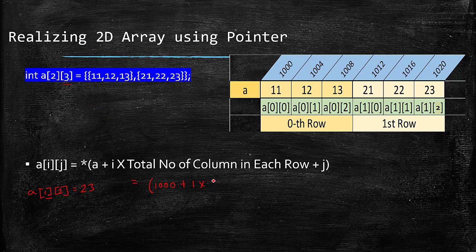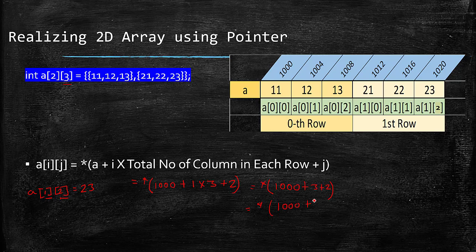There are 3 columns in a row, so it will be multiplied by 3. Now plus j. The value of j is 2. So I am getting 1000 plus (3 plus 2) whole stuff.